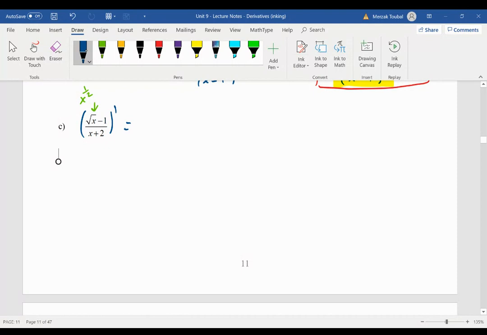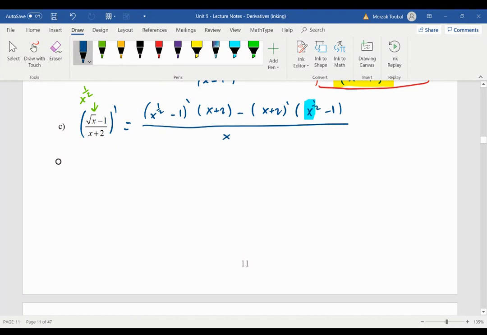So it's going to be the derivative of (x to the 1/2 minus 1) times (x plus 2), minus the derivative of (x plus 2) times (x to the 1/2 minus 1). Of course, here we don't have to write it this way. We can keep it as square root of x, but I just want to be consistent. That's the only reason. All divided by (x plus 2) squared.